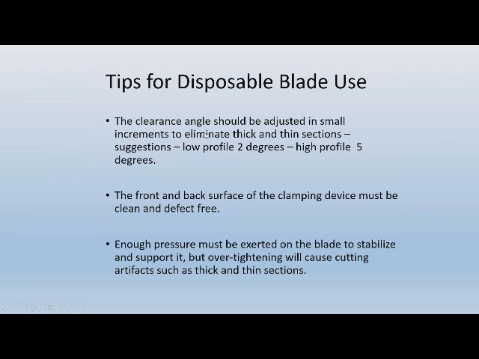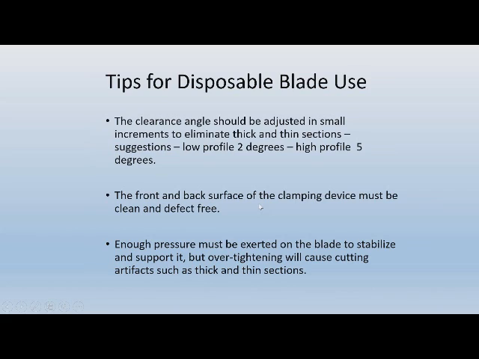That clearance angle, when you buy blades from a vendor, they should supply you with a recommended starting point. Like the blades that I use and love, I recommended 2 degrees starting point for a low profile and 5 degrees starting point for a high profile, and you would adjust it very slightly. A little bit further we'll look at some problems and we'll see which way we might adjust the clearance angle.